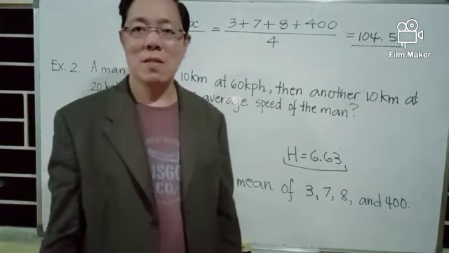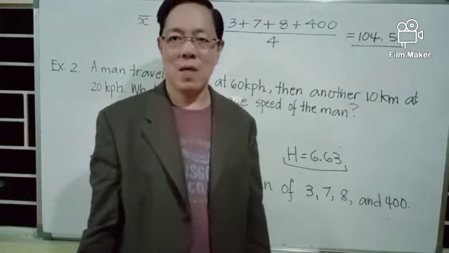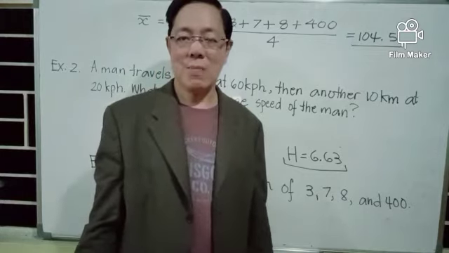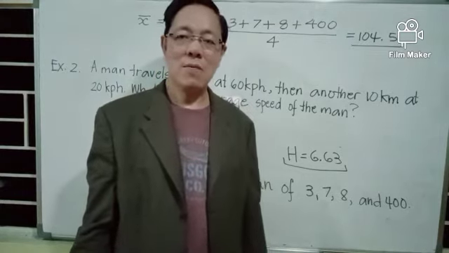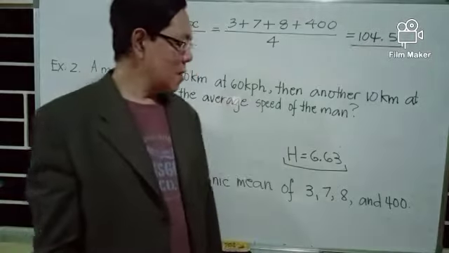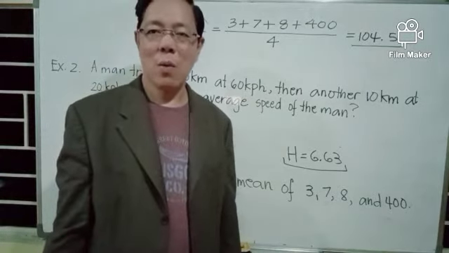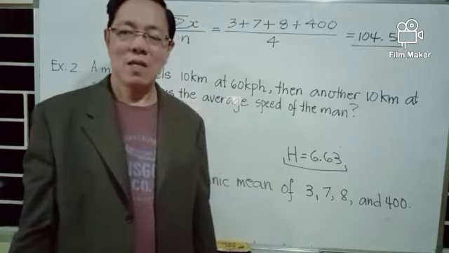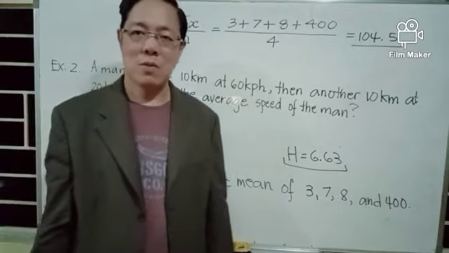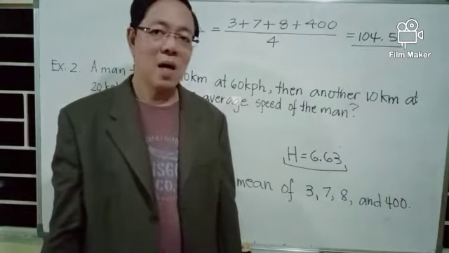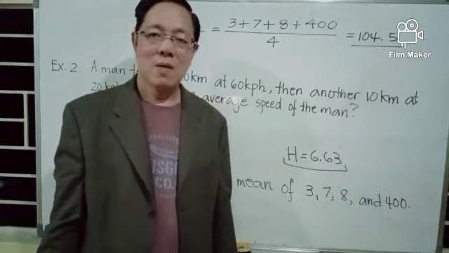And that is one disadvantage of the arithmetic mean: when you add values that contain extremely large or extremely small values, the mean value is affected.